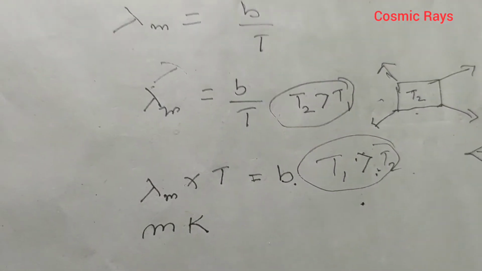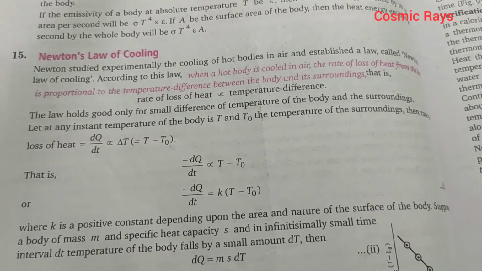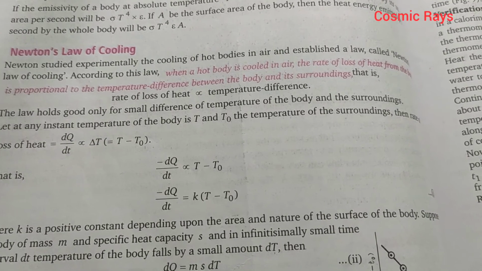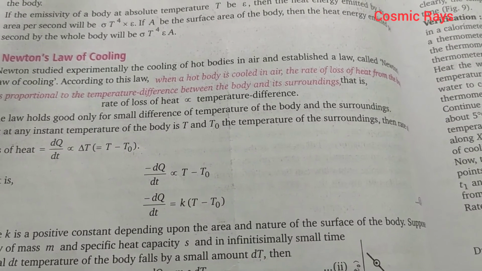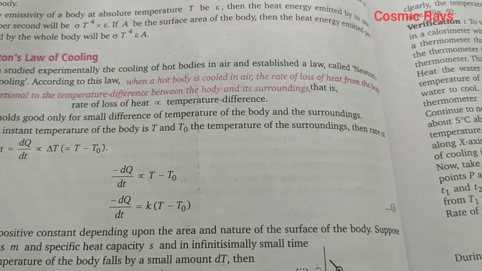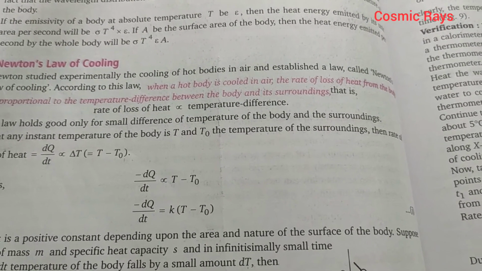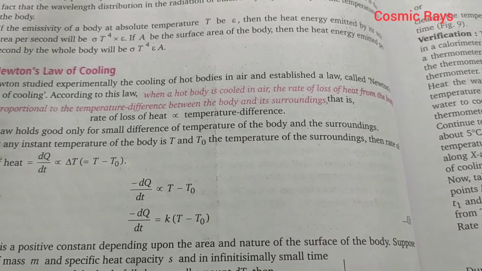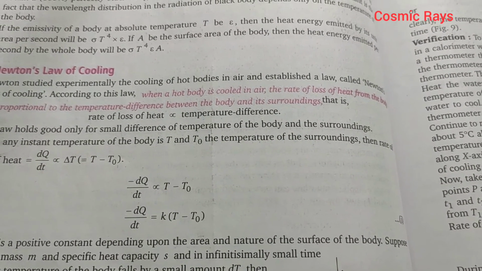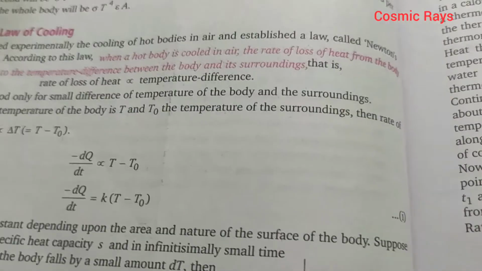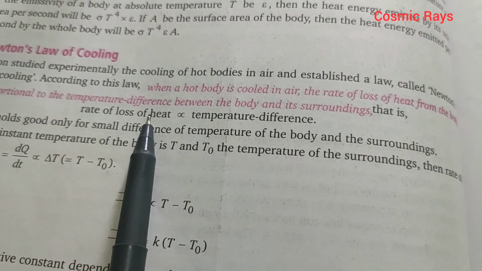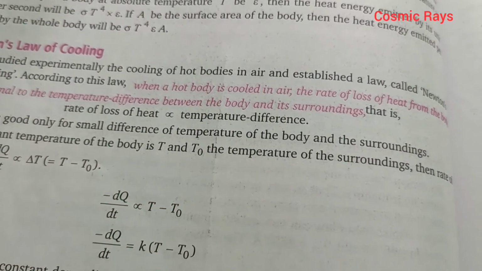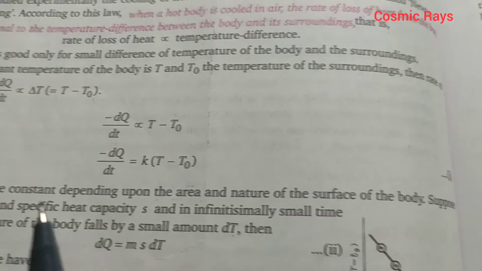So based on this, Newton stated his law of cooling, saying that when a hot body is cooled in air, the rate of loss of heat from the body is directly proportional to the temperature difference between the body and its surrounding. So here they have simply stated that the rate of loss of heat is directly proportional to the temperature difference between the body and its surrounding.